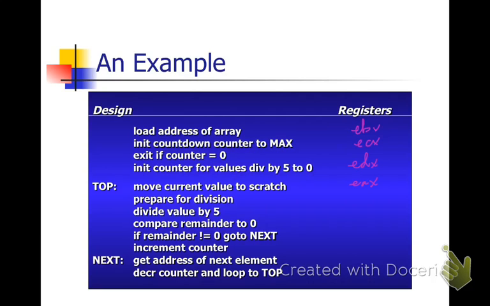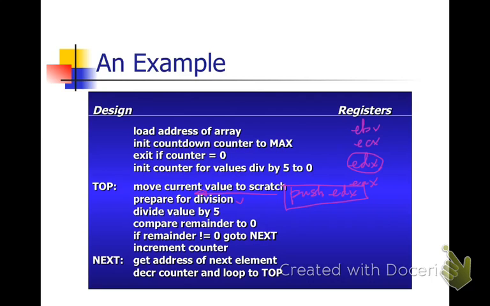So right here, before we prep for division, let's push EDX. Okay? That will push our counter on the stack. We can still prepare for division, divide it by 5. In that case, I've got my remainder in DX.